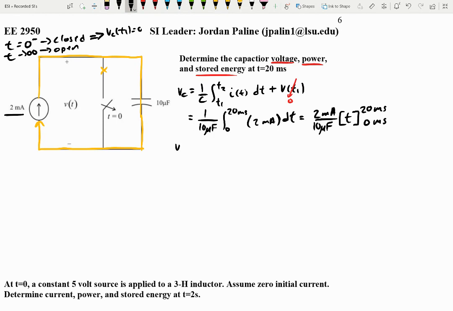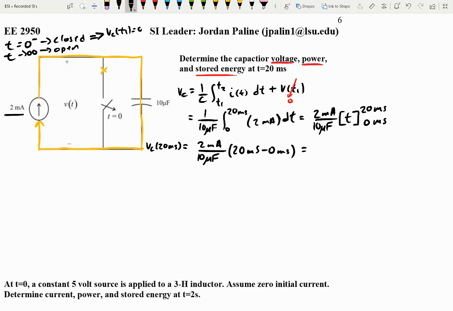So V of C at 20 milliseconds will be 2 milliamps over 10 microfarads times 20 milliseconds minus 0 milliseconds.